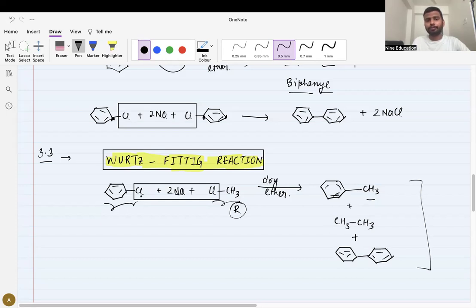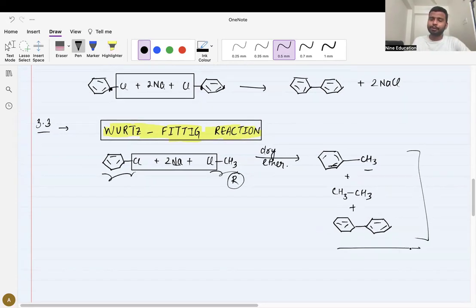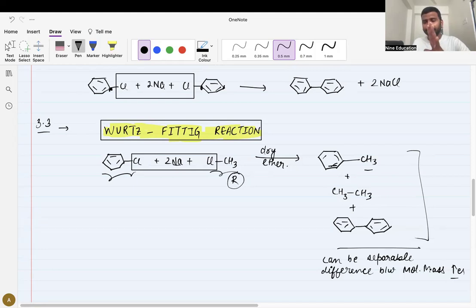So in this reaction of Wood's Fittig, you will get three products, है ना, and these three products are easily separated. These can be separable because they have a greater difference in molecular mass. क्योंकि डिफरेंस इनकी मॉलिक्यूलर मास का ज्यादा है, you can easily be separated by many techniques, है ना.